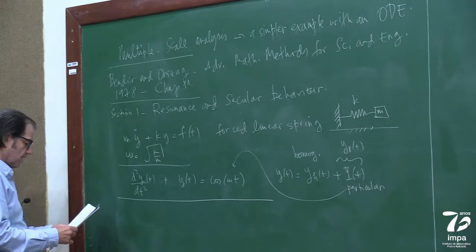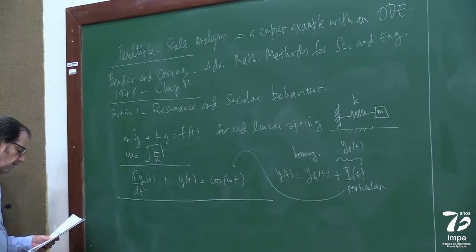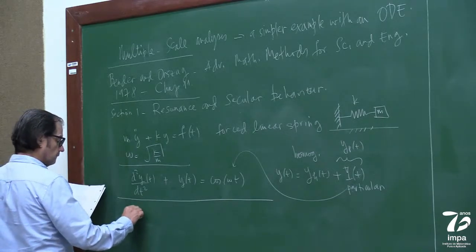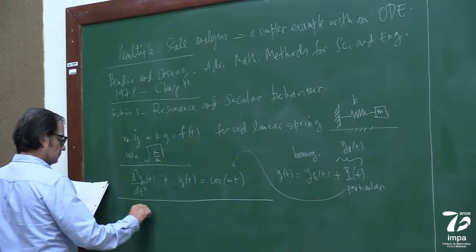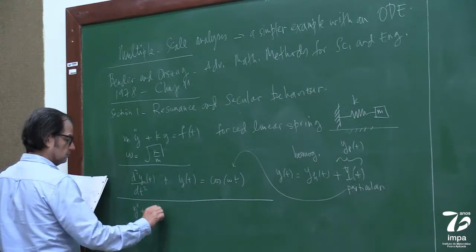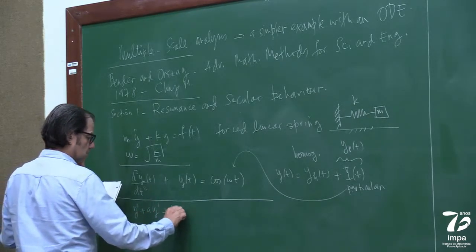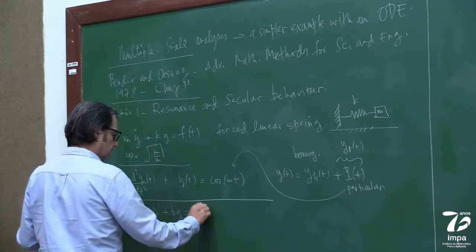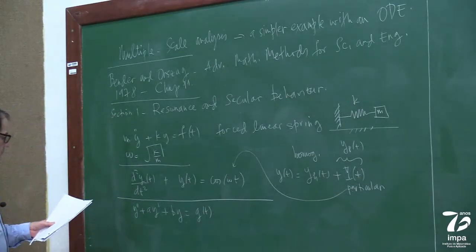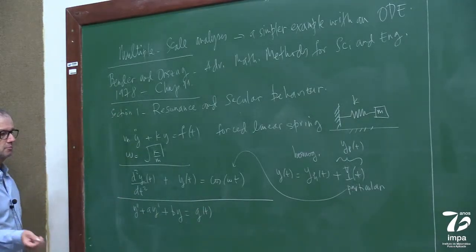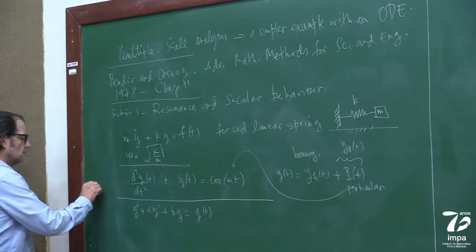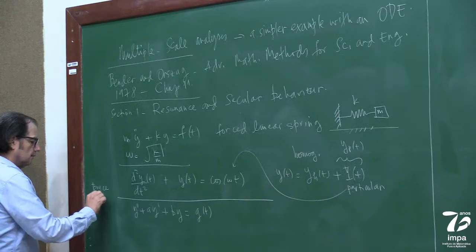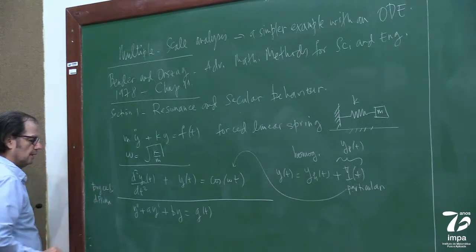So if I have this equation here, right? So you can go, a very good undergraduate book is, say, Boyce and Di Prima.